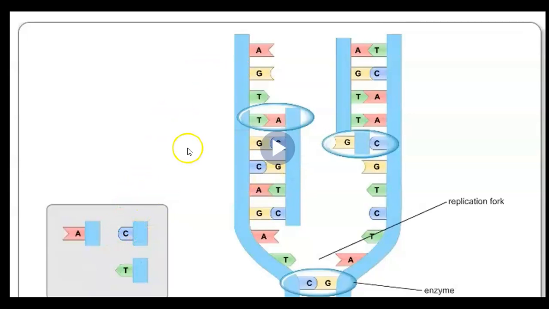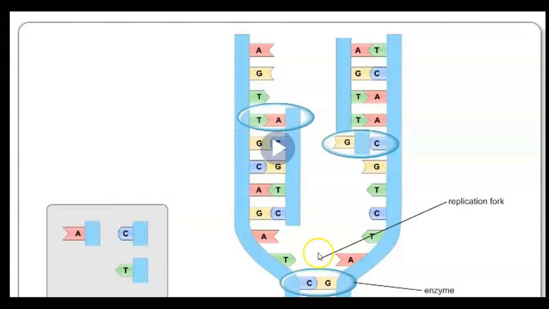So it'll go grab a cytosine and match up the cytosine. It gets to this A, adenine, and then we know, of course, that adenine and thymine go together, so the enzyme will go grab a thymine and attach it here. What you'll notice is that the base pairs will move in the opposite direction, right? The enzyme will bring in the base pairs in the opposite direction.